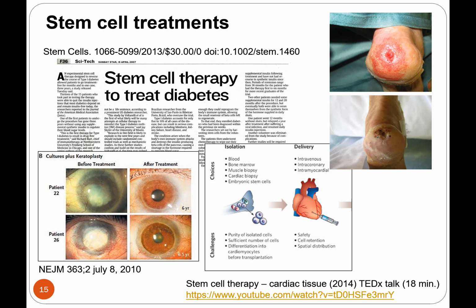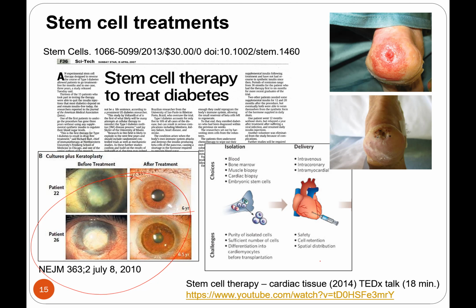Oh yeah, next slide. So these were some headlines I had found. This was pretty cool. Regenerating a cornea to make a healthy eye for someone. 6 years after treatment, they were able to see again.